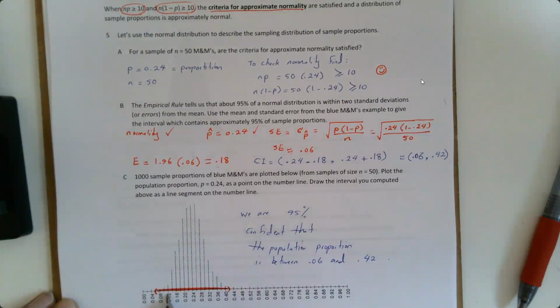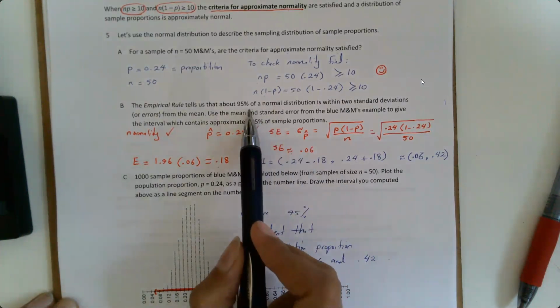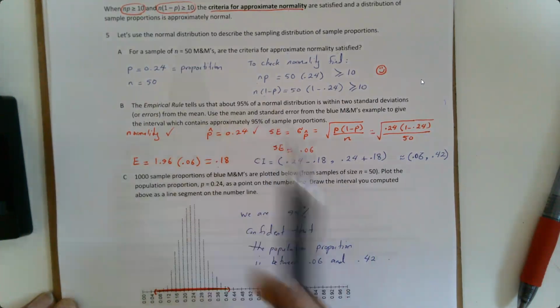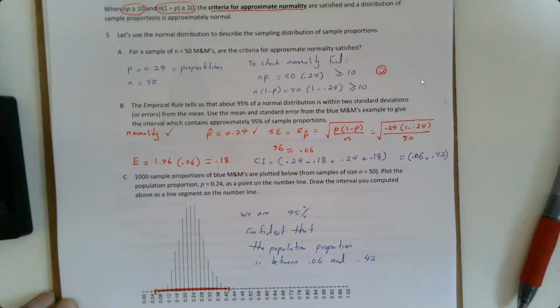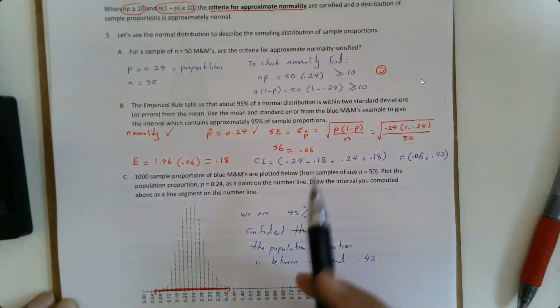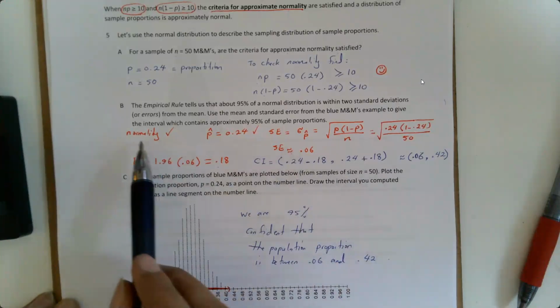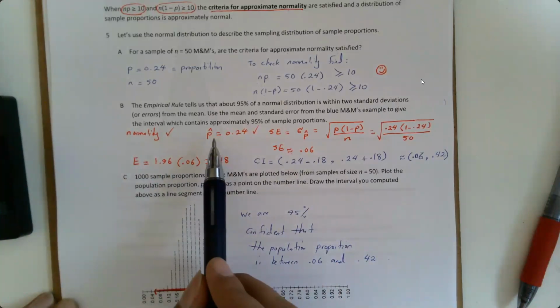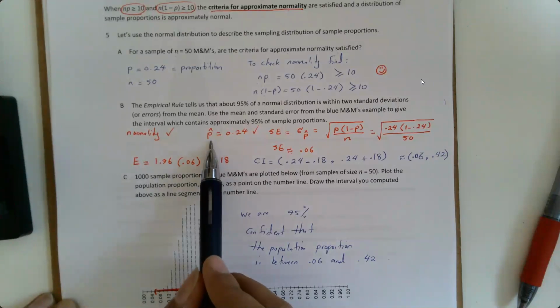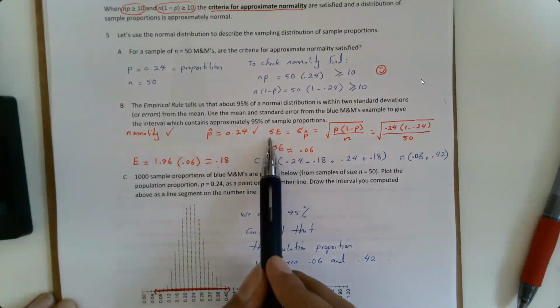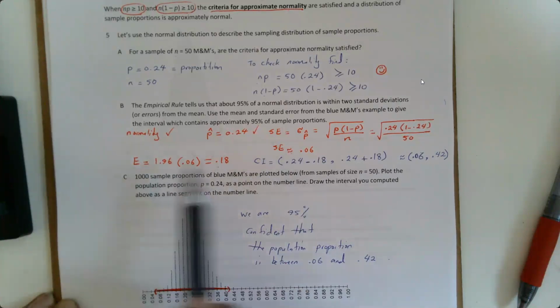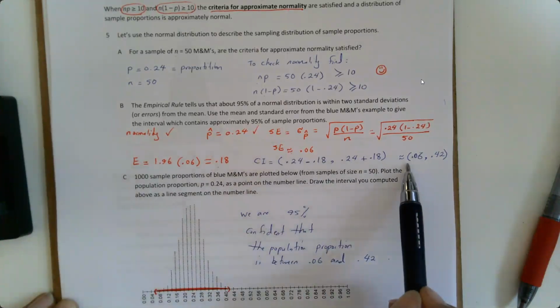As you can see, the empirical rule says 95% of the population is within 2 standard deviations or 2 standard errors. And by doing the calculation, we checked the normality, we found the sample proportion, standard error, margin of error, and we constructed the confidence interval, which is 6% to 42%.